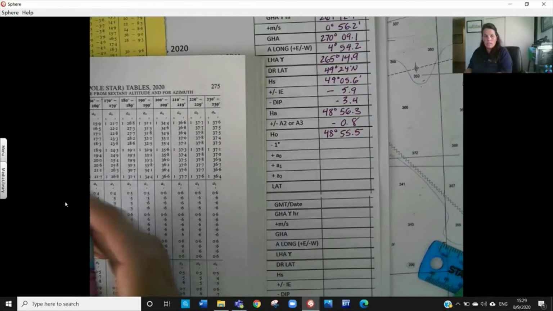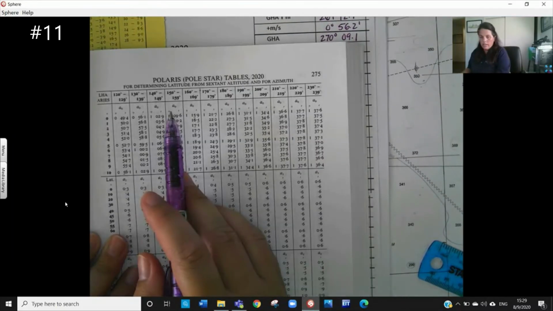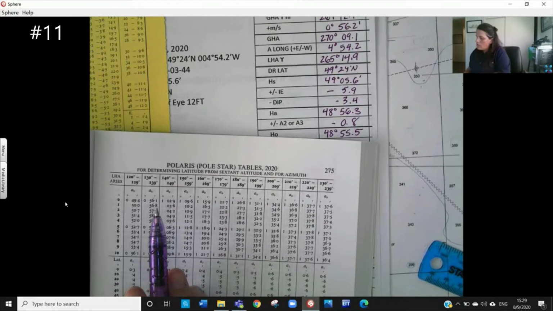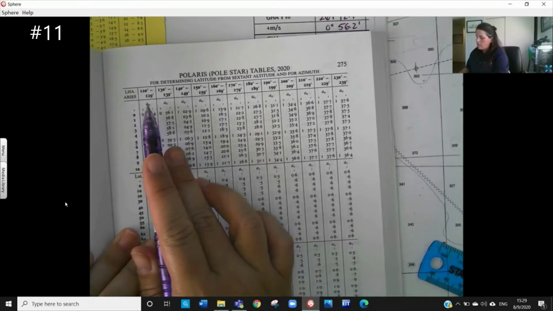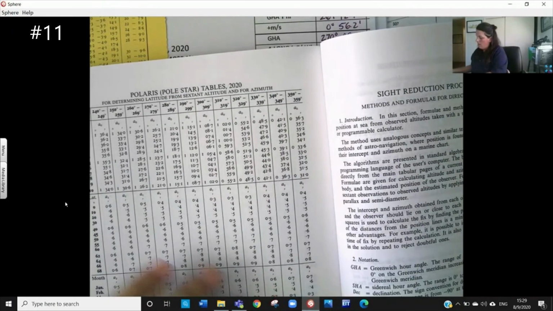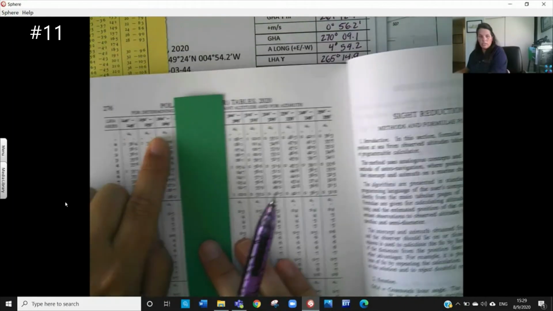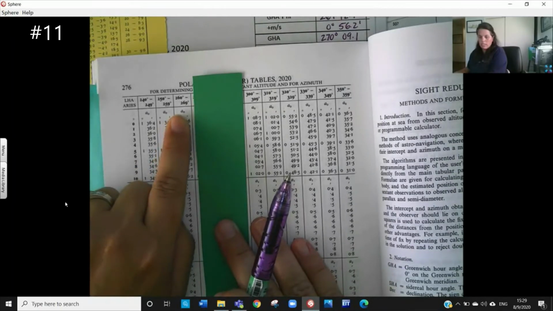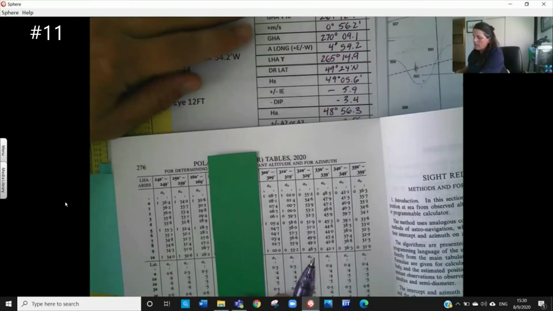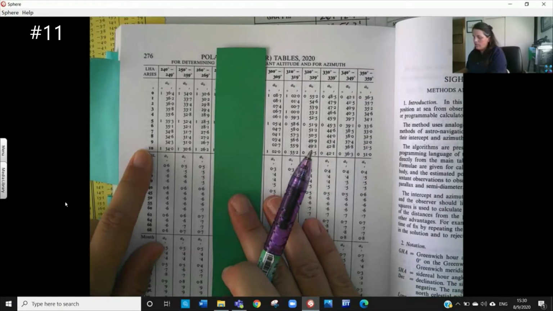So our LHA of Aries was 265. So we're going to find 265 is on this page, at 260 to 269. Our LHA of Aries was 265.14.